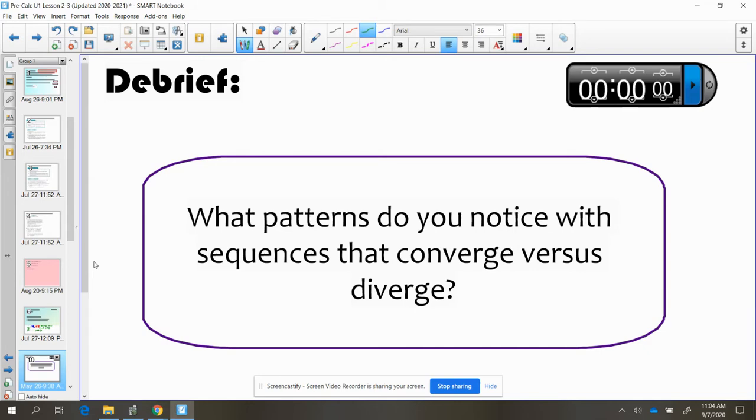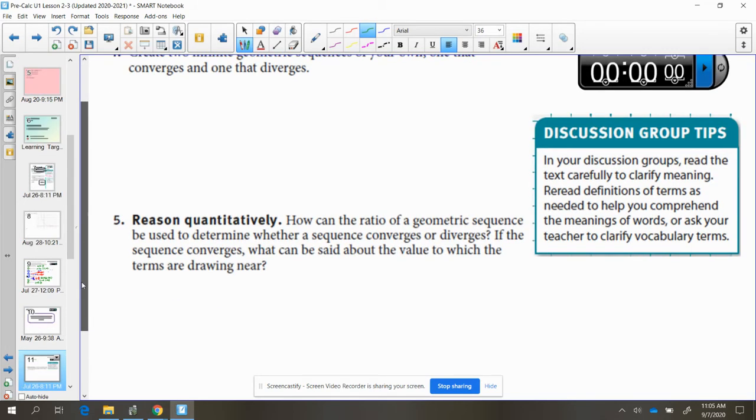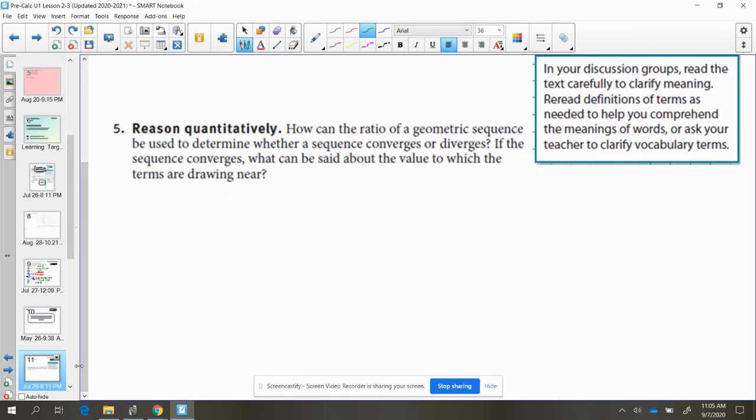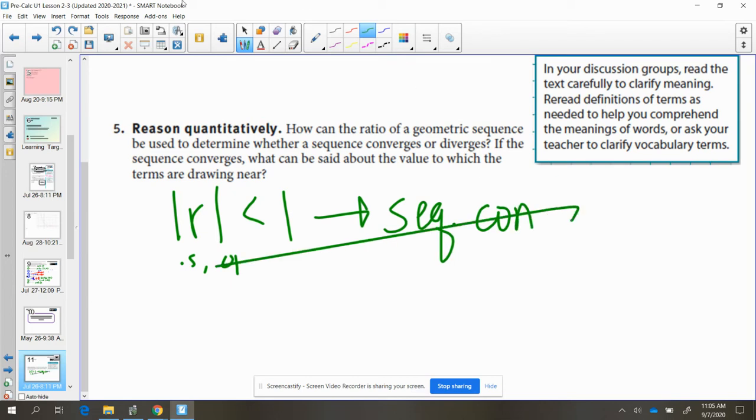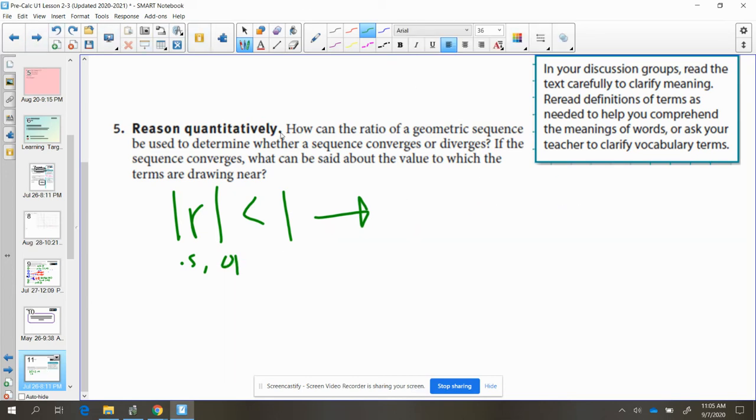Well, hopefully something you notice as you flip towards page 28, we'll skip over 4 to save some time, is that when we had these absolute values of R that were less than 1, so the ones that were like 0.5 or 0.01, these were the sequences converging towards 0.